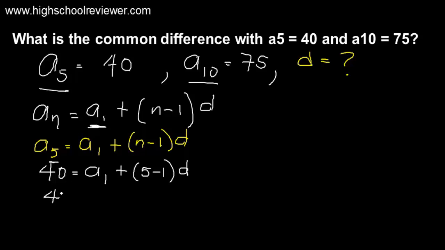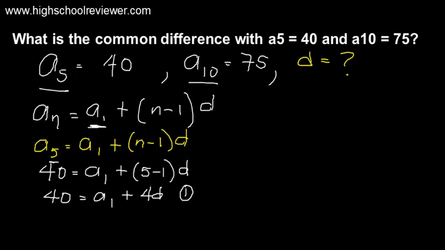So 40 equals a sub 1 plus 5 minus 1, which is 4, 4 times d, that will be 4d. Let us call this our equation 1.